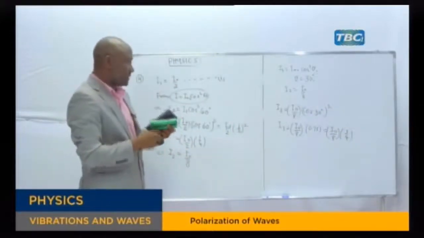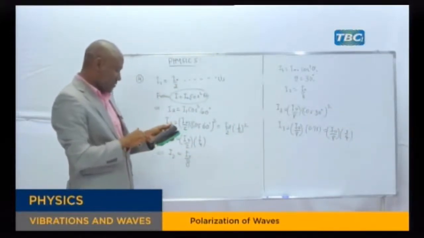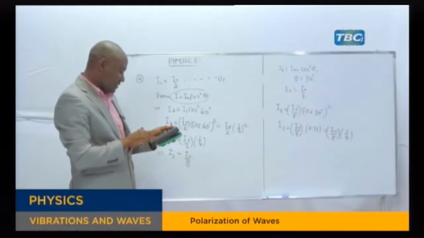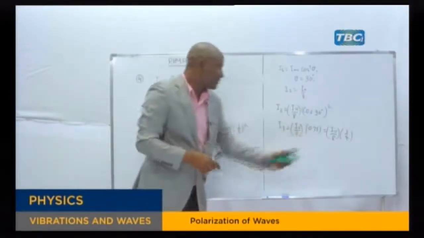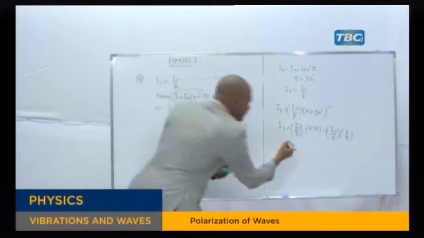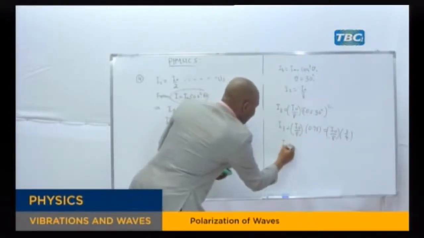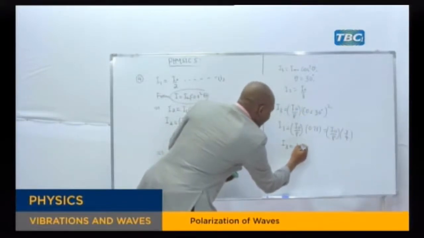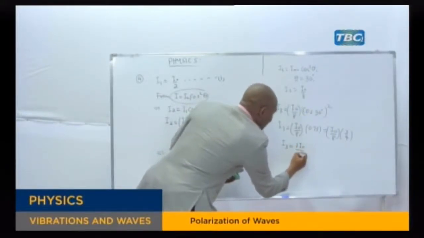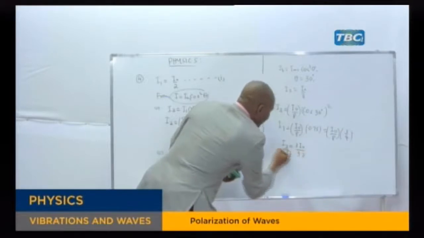Check: 3 over 4 is the same as 0.75 when you convert it on your calculator. You convert this decimal into a fraction and you have 3 over 4. Then the final intensity will be 3 I naught over 32.